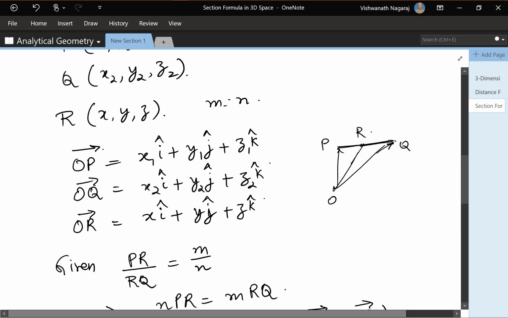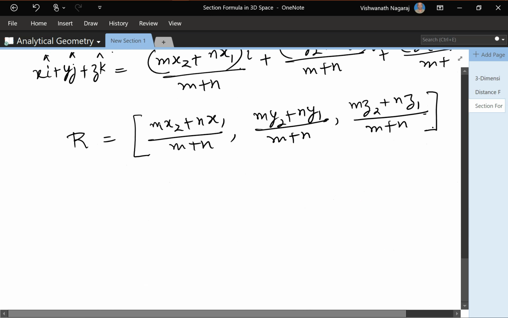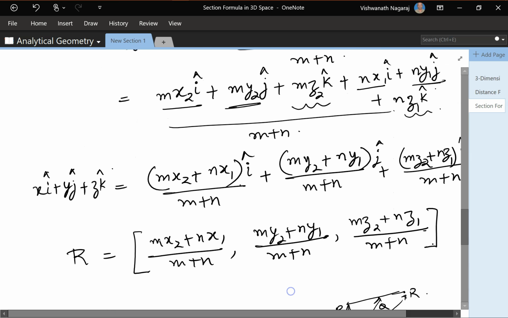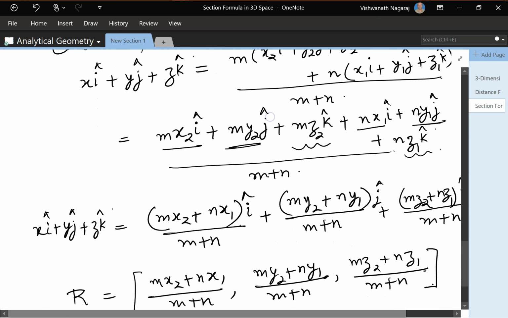Now if we have to take it as external division, that means PQ is here and R is here, right? And let's say this is O, so this will be like this. Now here the difference would only be here. Here we said OR minus OP, OQ minus OR. Instead of subtracting, we will be adding.